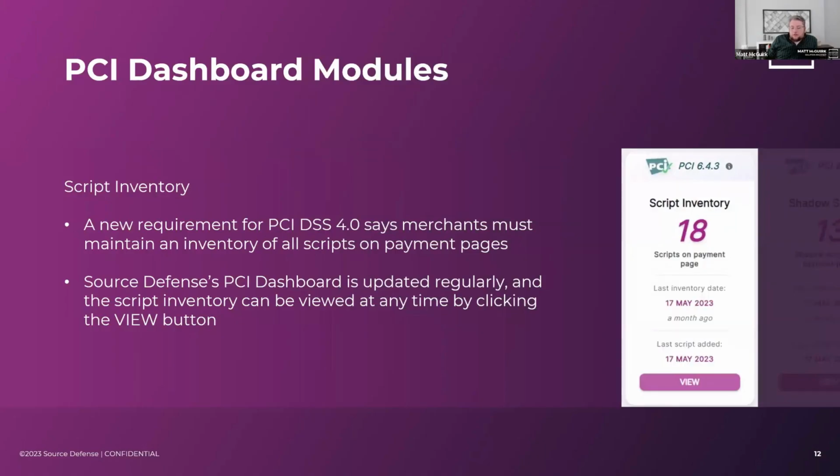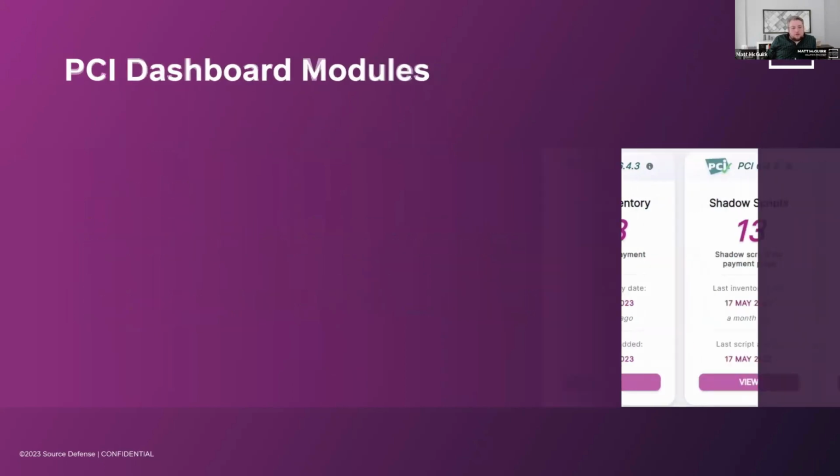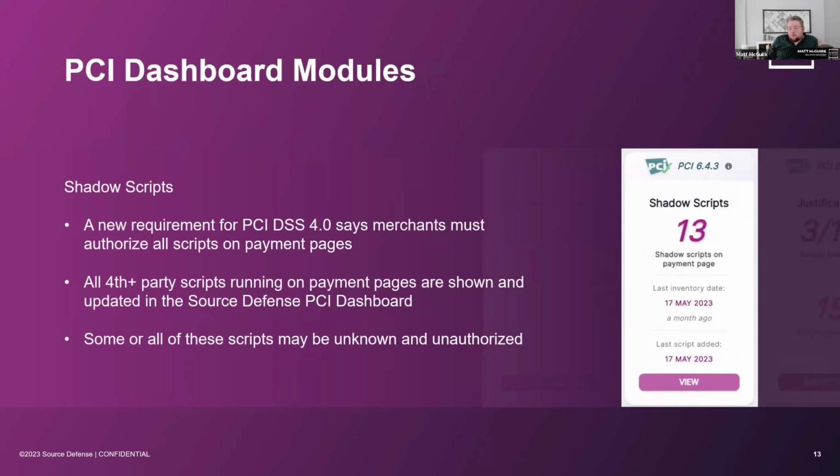Things like automating the script inventory so that a tool is doing it for you, so that nobody has to do that manual analysis. Making sure that even the third and fourth and fifth party scripts, so things that come in through the supply chain, which can be really tricky to keep up to date in a content security policy solution, for instance, are indexed as well.